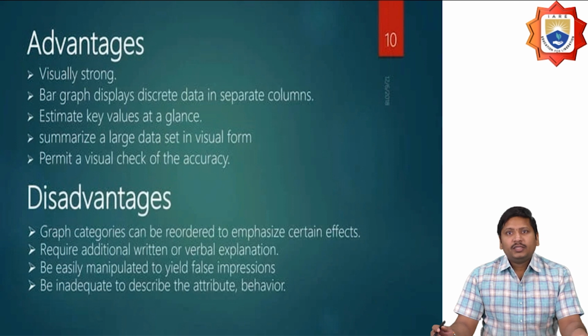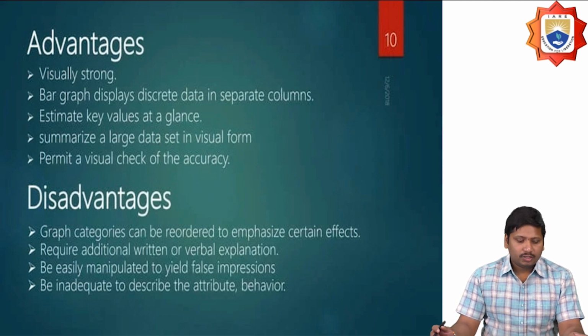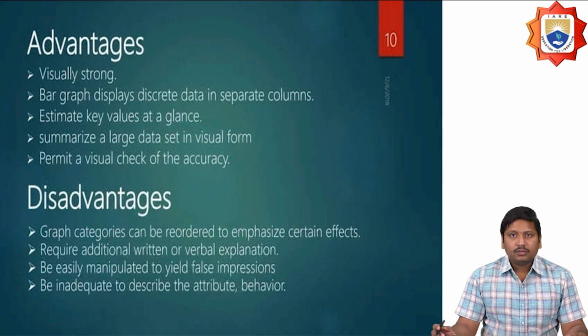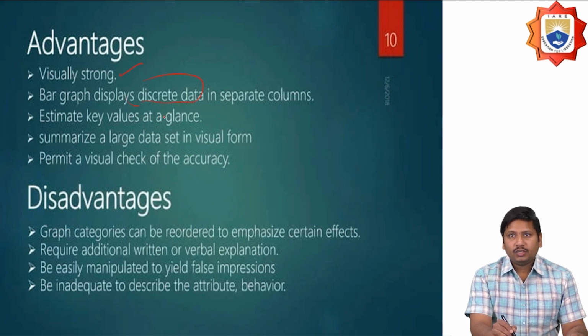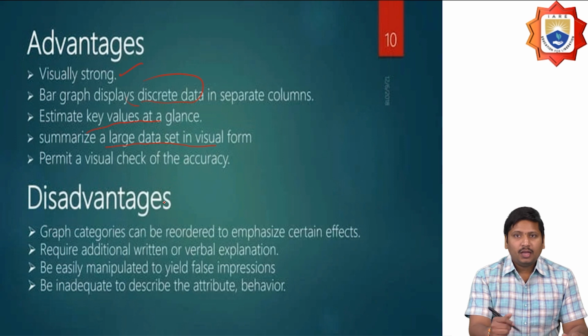So the advantages: a very strong visual representation, used only for discrete data, not continuous data, the key values can be estimated at a glance, and it shows a large data set in a simple visual form.